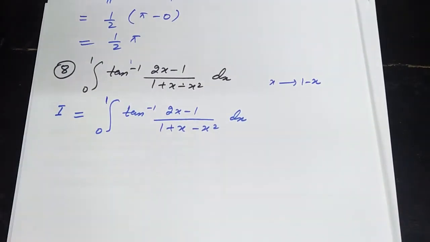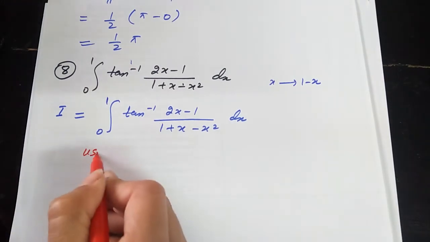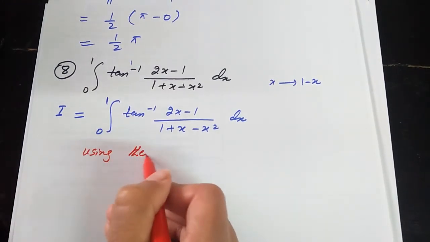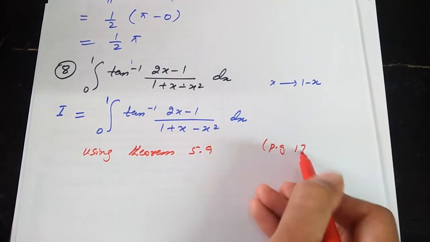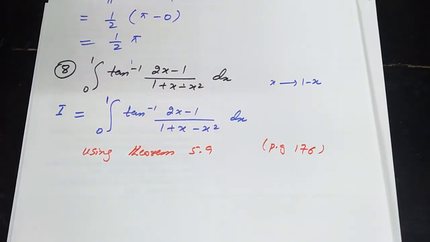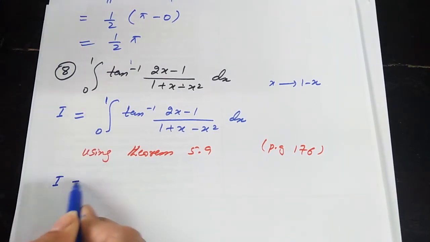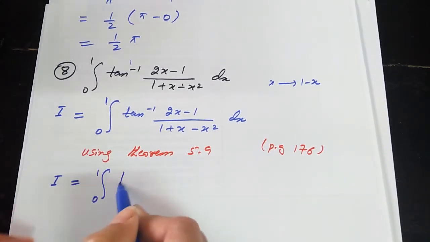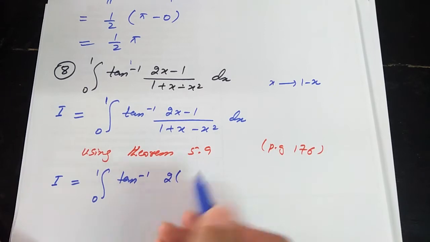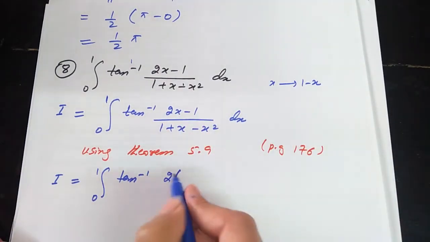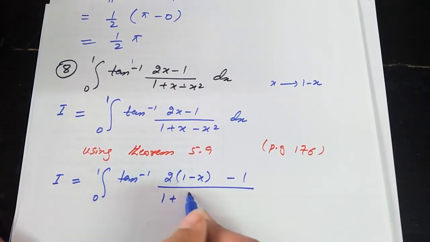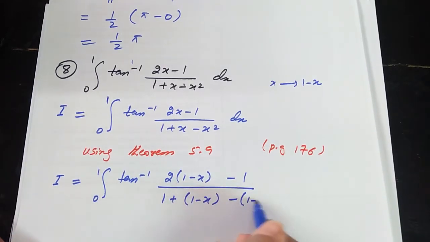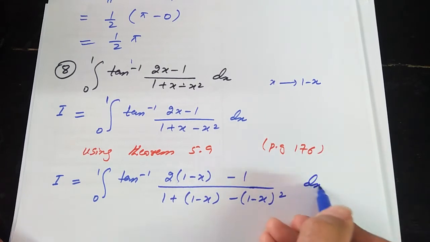So using theorem 5.9, and that is on page number 176, I will get here I equals 0 to 1 tangent inverse 2 into, in place of x you have to replace it 1 minus x, divided by 1 plus 1 minus x whole square, that is dx.